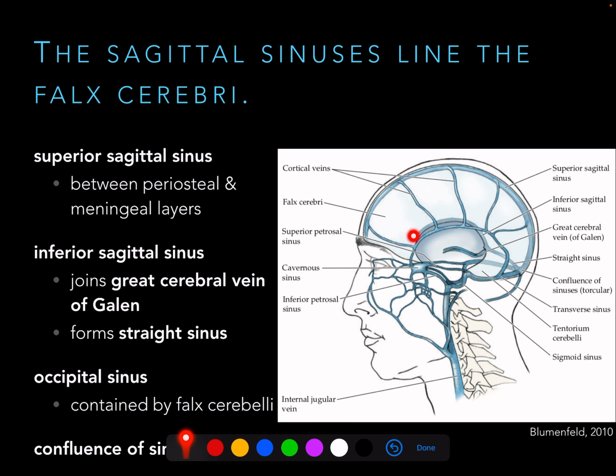That's this kind of lighter sinus shown here. And those meet up with that great cerebral vein that we just mentioned for the deep drainage. So the inferior sagittal sinus and the great cerebral vein merge together to form the straight sinus, and that allows this blood drainage to come together with the superior sagittal sinus at the confluence of sinuses.